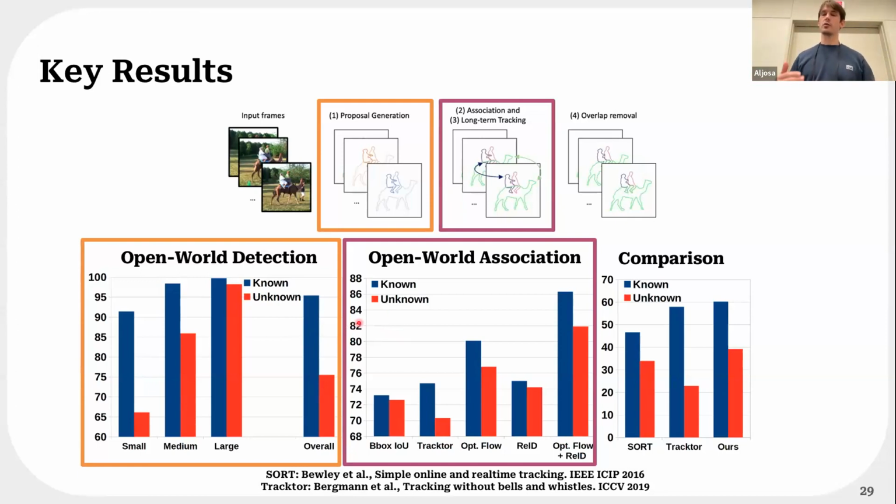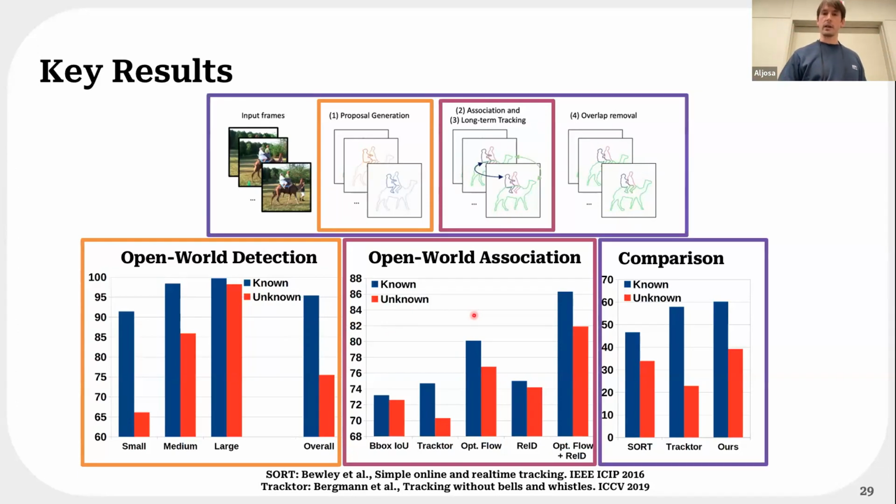For association, compute bounding box intersection over union between your proposals and tracks, where the bounding box from the last frame has to be motion compensated by optical flow, and you also should use cosine distance between second stage features from the pre-trained detector. It's a very simple recipe, but it worked quite a bit more robustly compared to standard baselines that we could evaluate, particularly for unknown objects.